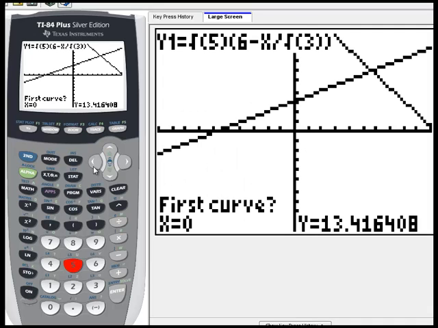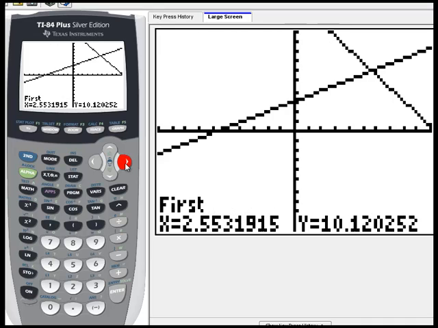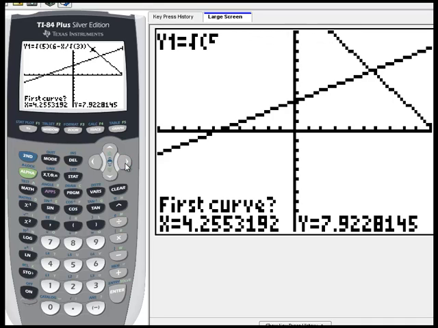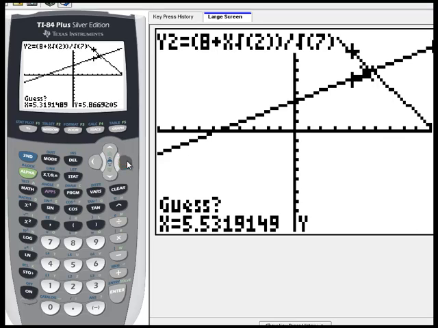I would like to see the calculator cursor before answering this question. Right now it has an x equal to 0, telling me that if I move the cursor to the right, I should start to see it eventually. Here it is. Now I feel better about saying yes to that first curve question. And there's our second curve. Yes. And guess. Right about there looks it.